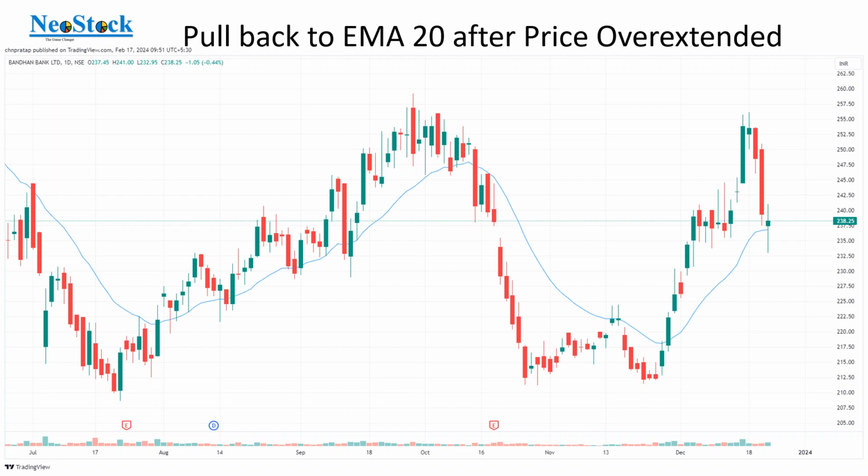That is what I explained in the last session, and we named it correction. When there is an overextension and prices are falling, that is nothing but a correction in the market due to profit booking. The same correction, in technical terms, we call a pullback to the EMA 20.